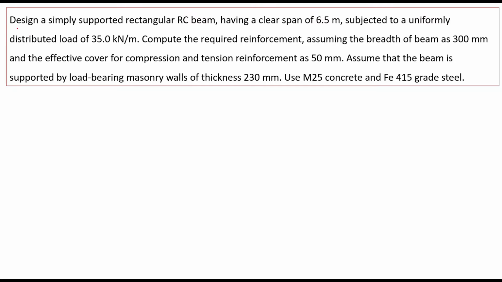It indicates that we have to design a simply supported rectangular RCC beam, having a clear span of 6.5 meter, subjected to a UDL, uniformly distributed load, of 35 kilonewton per meter.